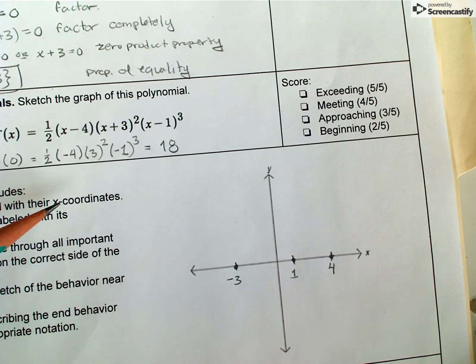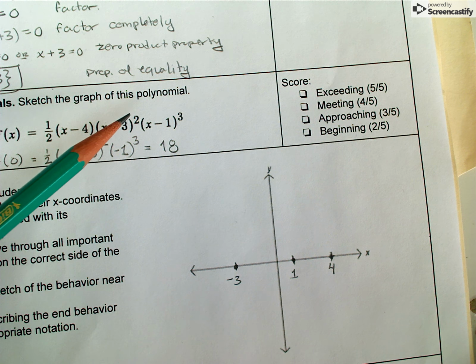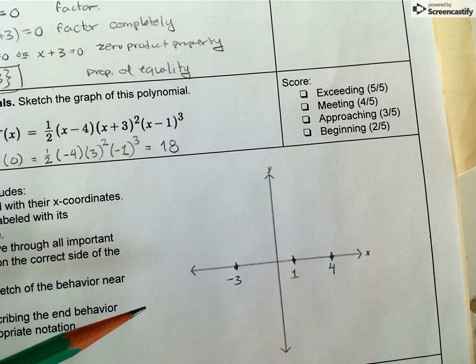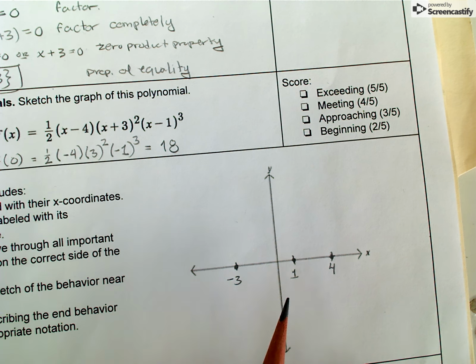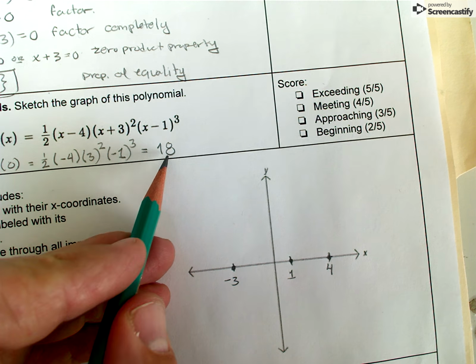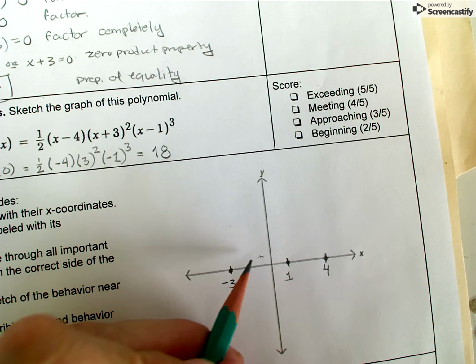I'm going to approach this a little differently this time. I'm going to use the multiplicity of these roots and that y-intercept that I just calculated to figure out what happens on these different intervals. Well, I know that my y-intercept is positive. It's +18.